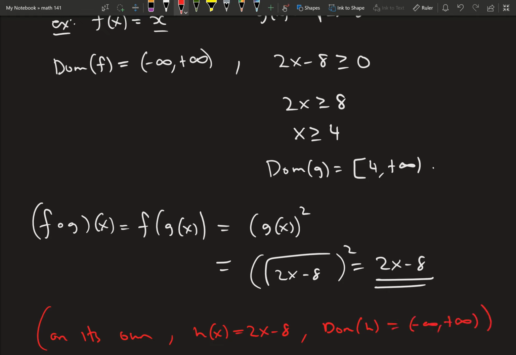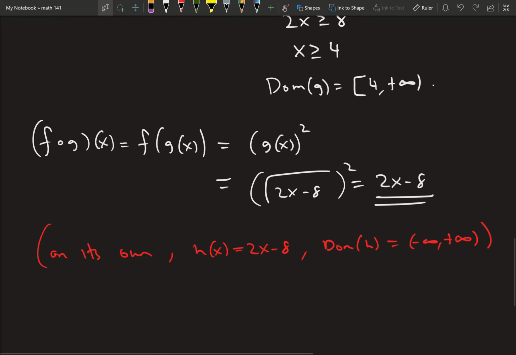It's a line. But unfortunately, this is not the case for f composed with g. The domain of f composed with g is not all real numbers.